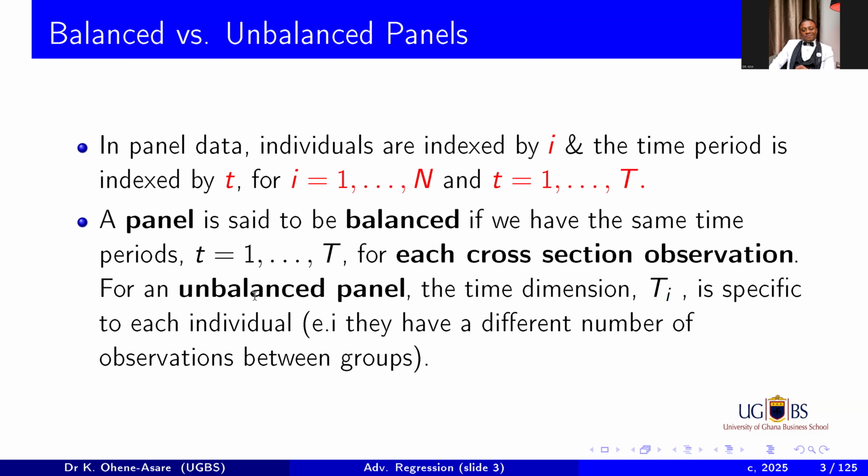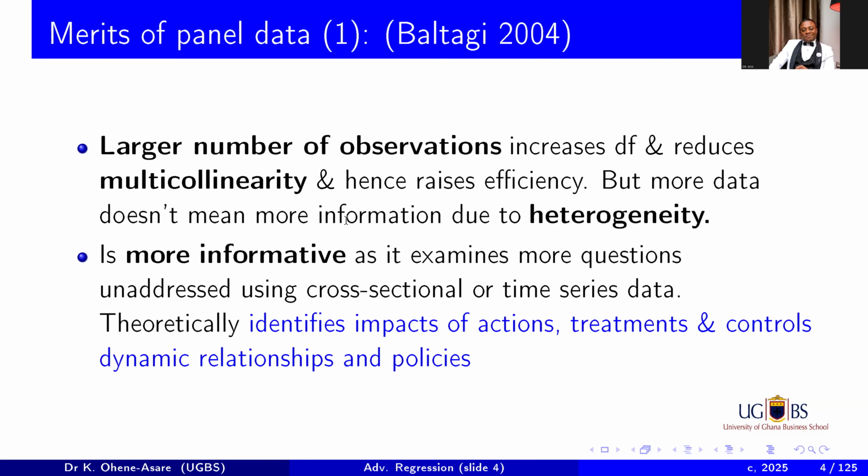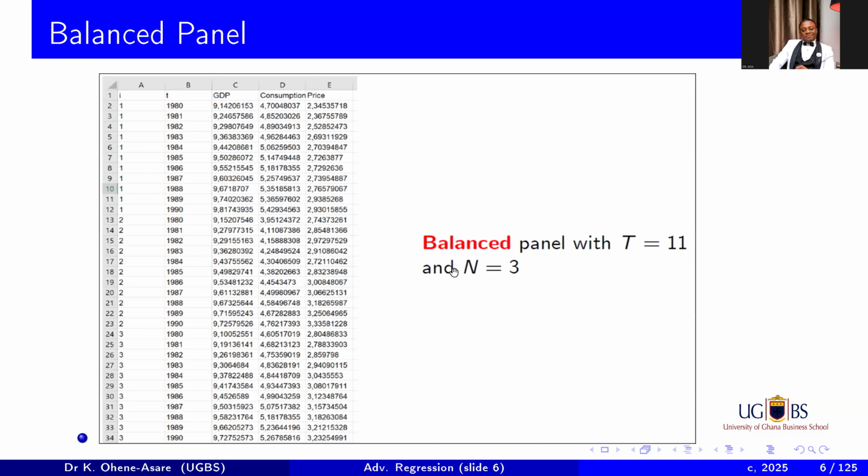So I'm going to show you a picture that will make sense. This is a balanced panel. Check it. You see that you have 1980 all the way up to 1990, and on the far left, they are all labeled 1, 1, 1. So how many observations are there? 11. From 1980 to 1990, that is 11.